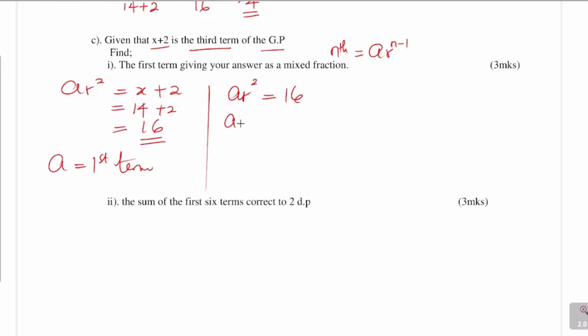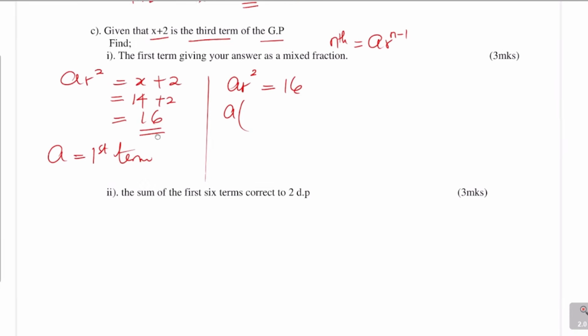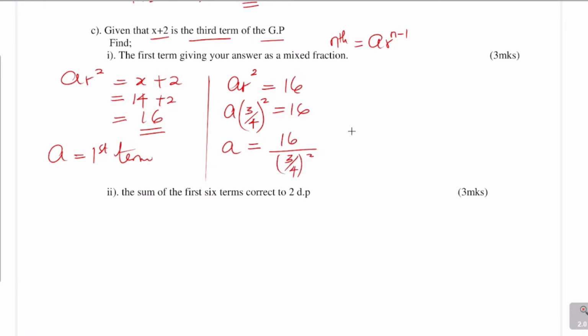So we have a, we don't know that, but we have the common ratio. The common ratio we obtained in the previous part is 3/4. So you just take 3/4 raised to power 2, and it should give 16. Therefore a will be given by 16, you divide both sides by 3/4 squared, like that.